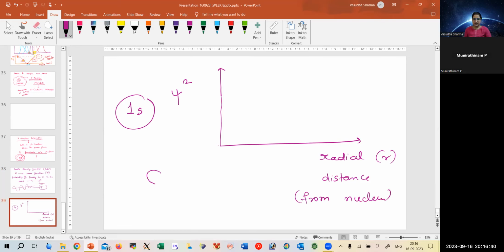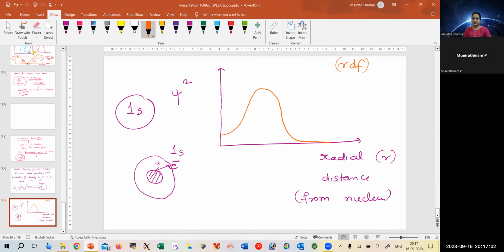For example, if I have the nucleus here and my first orbital is here, 1s, so the electron is there. This distance from the nucleus is r. Now, how does its RDF, that radial density function, look?